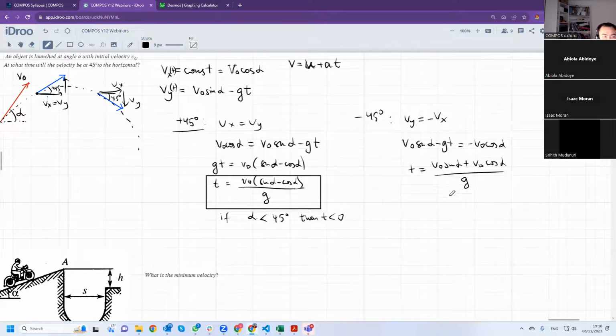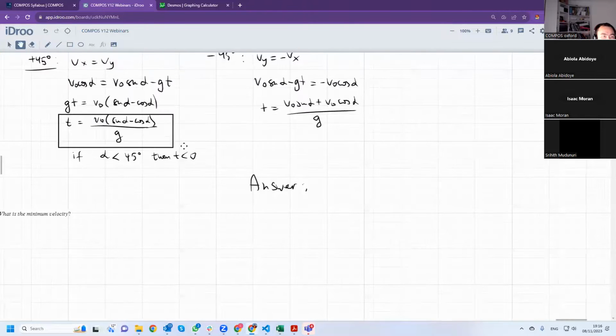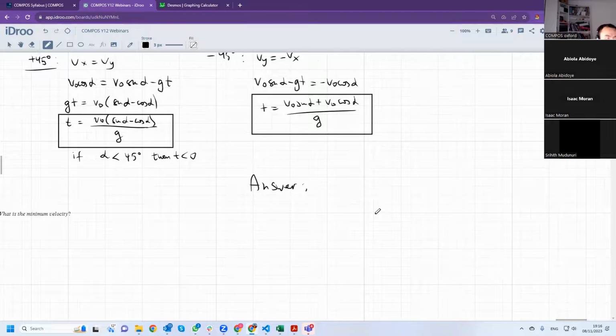And that's it. So effectively, there are two cases here. You can say V0 sine alpha plus minus cos alpha, because they're only different by a sign. That's quite an interesting expression, by the way.